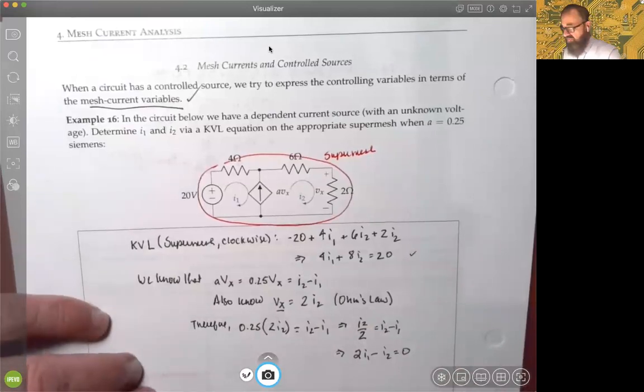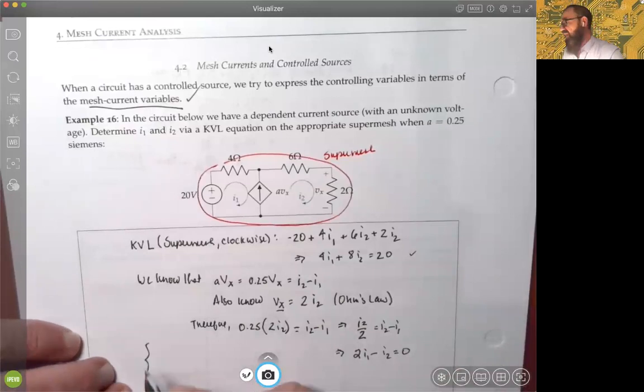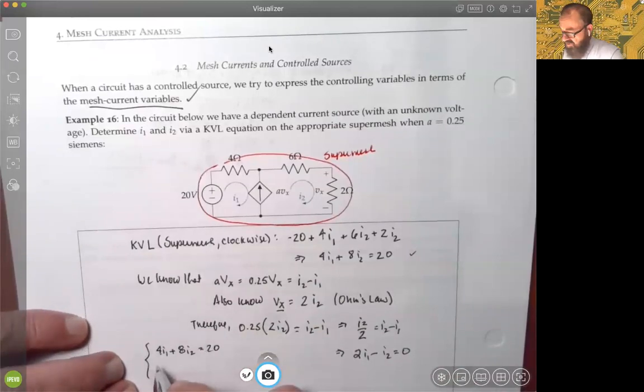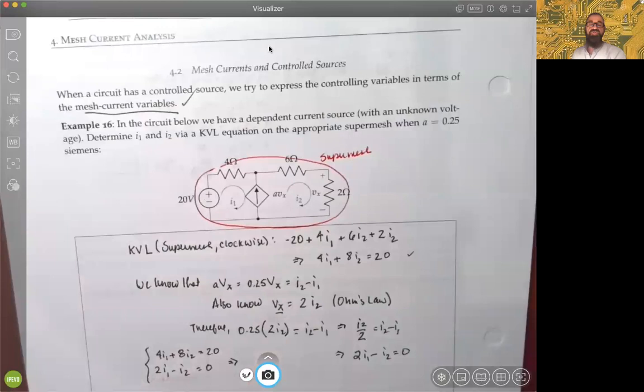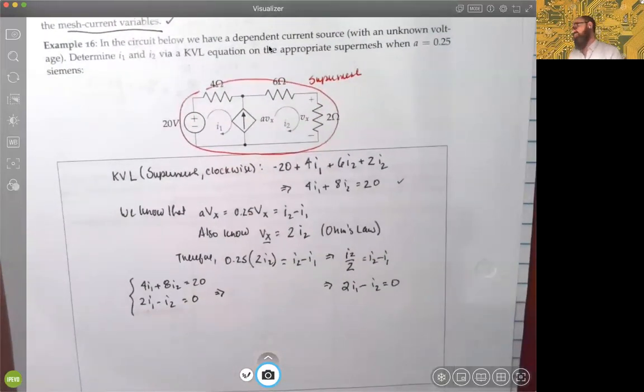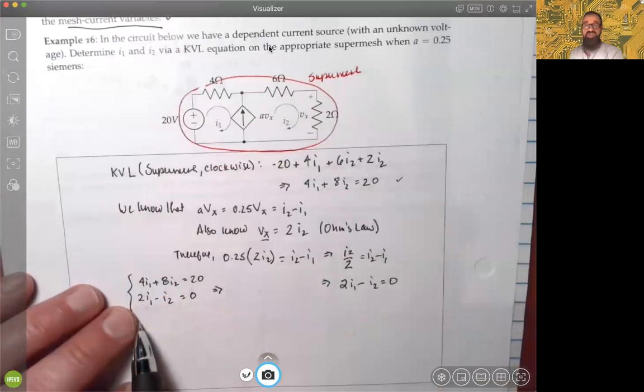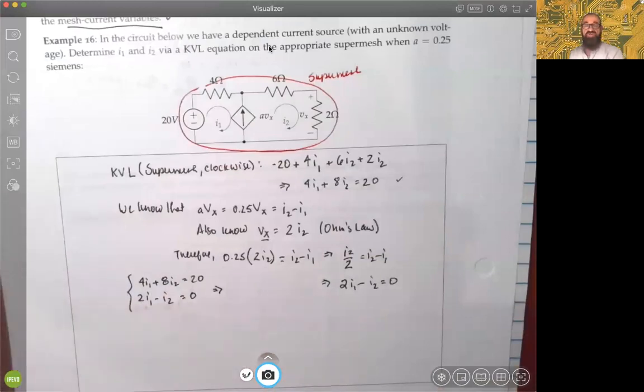So we have these 2 equations then. What we have to solve then is 4I1 plus 8I2 must be equal to 20 from the KVL equation above. And we've just shown that we have to have 2I1 minus I2 equal to 0, okay? So one thing you can do solving 2x2 linear systems is, again, I could write a matrix equation, but I can always add and subtract these equations and preserve the solution.